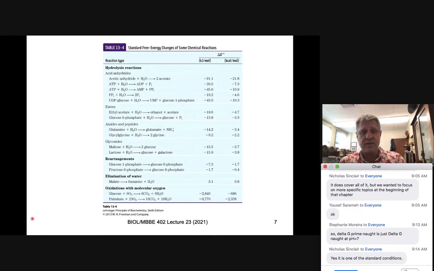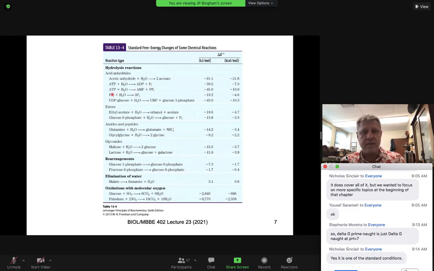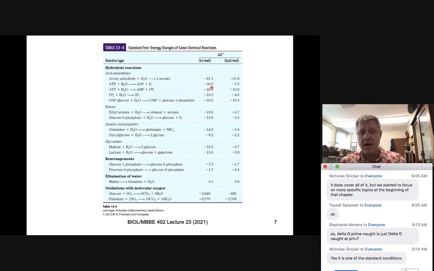So let's have a look at the simple case of ATP and water hydrolysis giving ADP and Pi. We already saw it: negative 30.5 kilojoules per mole. When we take ATP and hydrolyze it to make AMP and pyrophosphate, we get even more energy, negative 45 kilojoules per mole.